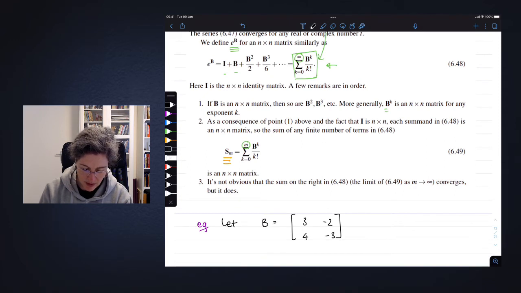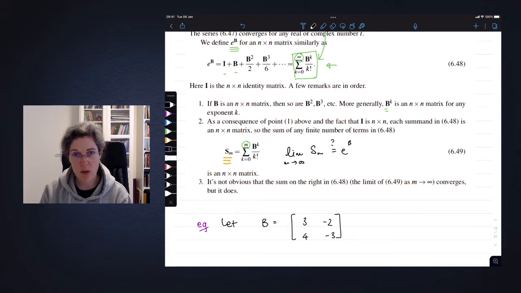Doing the same thing, where we want to head with this is to be able to say that the limit as m goes to infinity of our Sm is equal to our e to the b. That's what we're hoping.